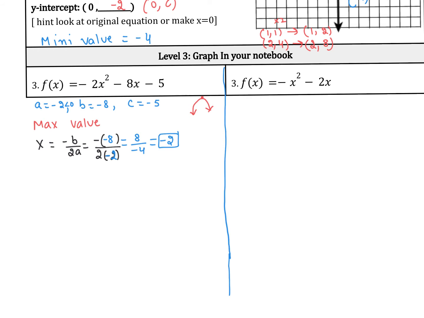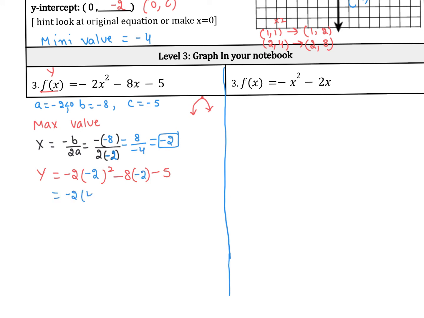For plugging it into the given function, that is also called y, you're going to put brackets around x, and then in the brackets you're going to plug in the x value, that's negative 2.